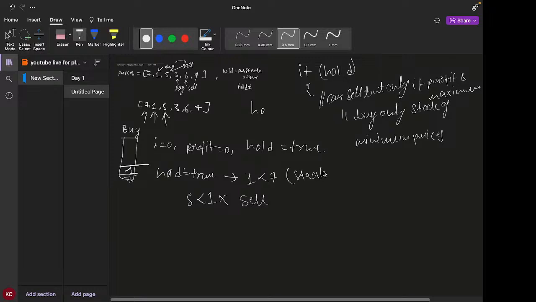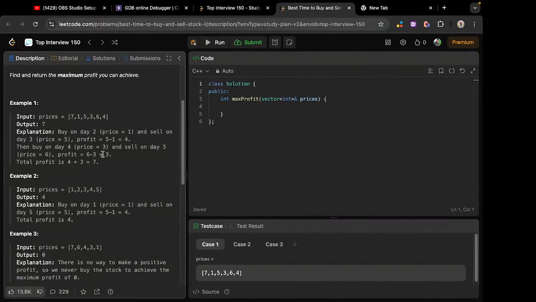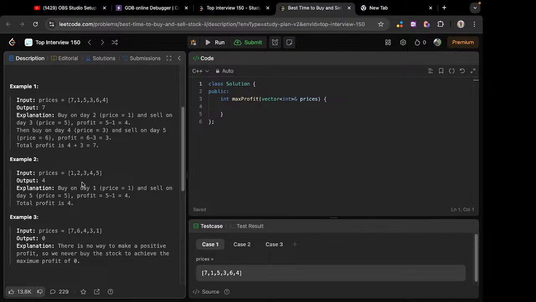But what if again I have to sell some other one, I have to sell it on the second day.